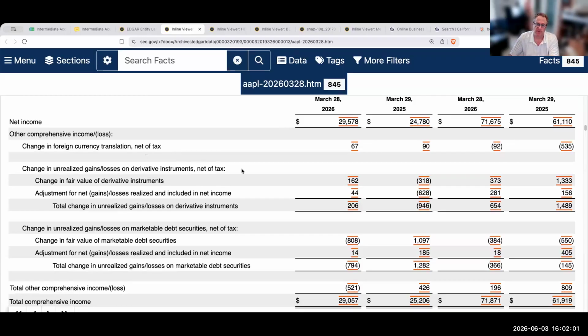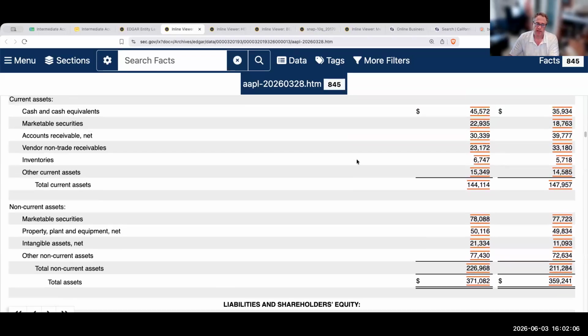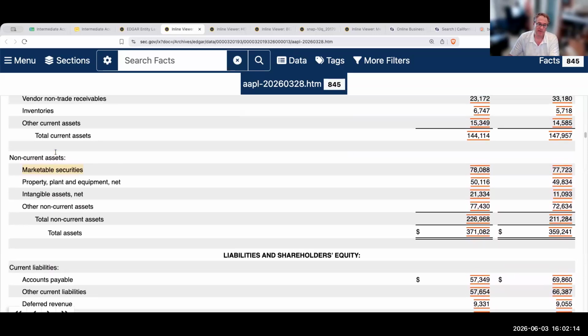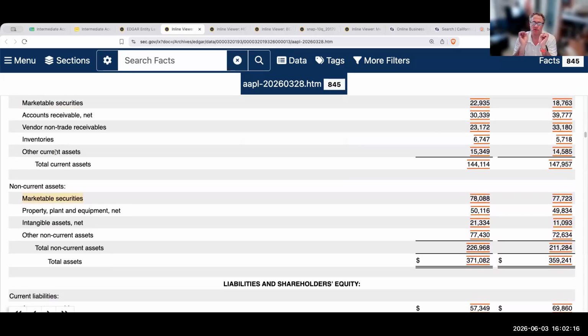Now, the other type of this is that you're going to see on the balance sheet when we have non-current marketable securities. From a financial reporting perspective, we have to show our securities at their market value.